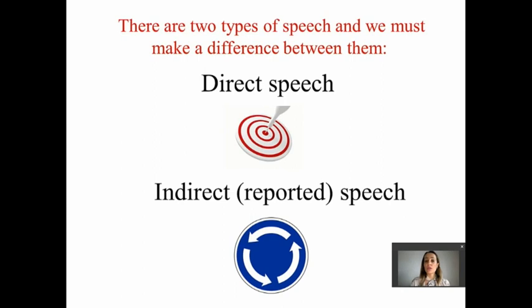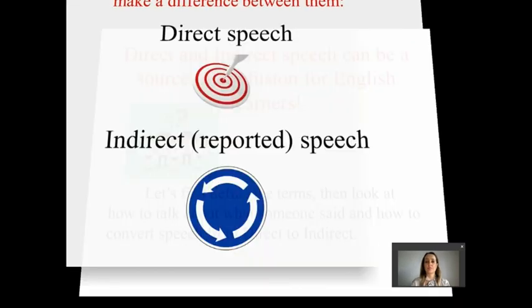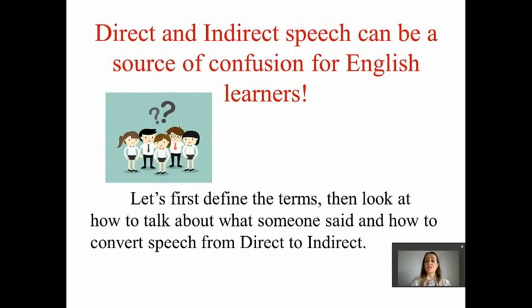There are two types of speech, and we must make a difference between them. Direct speech and indirect or reported speech. Direct and indirect speech can be a little bit confusing for English learners.